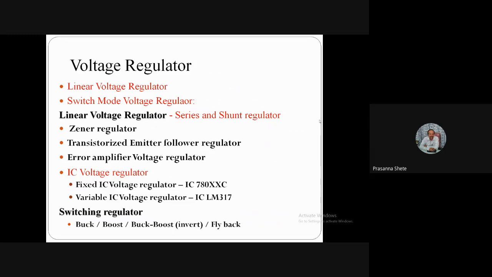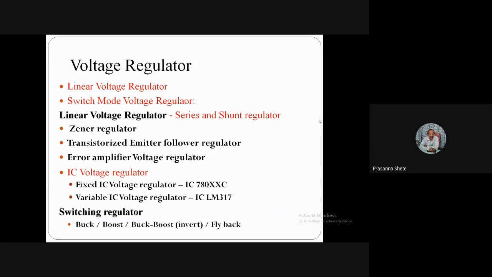But every particular voltage regulator has its own importance, and it depends on the application where we are going to use it. As I always tell my students, the Zener voltage regulator is also important, and the switch mode power supply is also important in its own place. It all depends on the application and its worthiness to use in the electronics field.